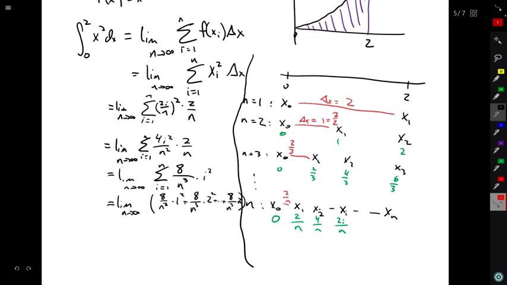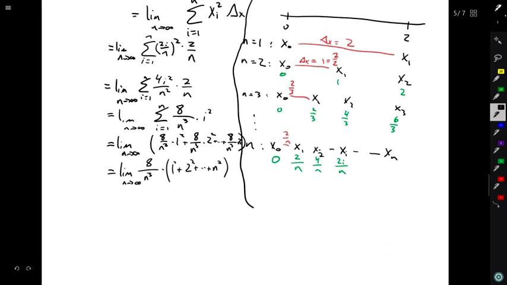But in each of these terms, I have this 8/n cubed sitting around. And the fact that I've got that in each of those terms means that I can factor it out of this sum. So I want to write this as the limit as n goes to infinity of 8/n cubed times, well, now I've got 1 squared plus 2 squared plus, and so on, all the way up until I get to n squared.